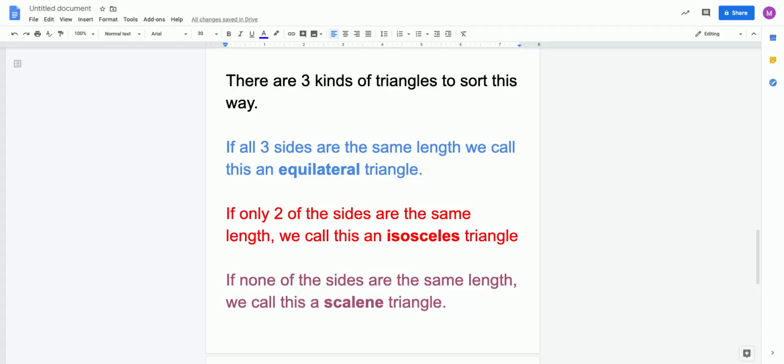And I think it might be an obtuse as well because this looks like it's larger than a right angle. This one here looks like it is a right angle. So I'm going to call this one a right triangle. And all three sides are different length. So it is a scalene.